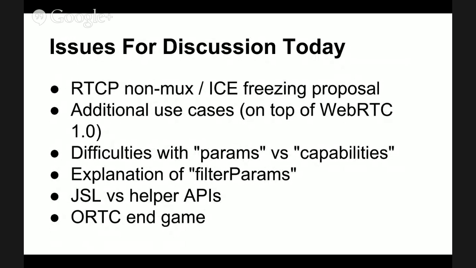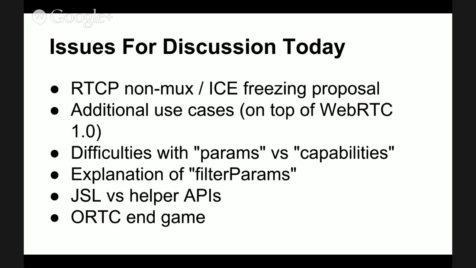That's more why we need to talk about filter params and create params than actually deciding whether this is the way we should do it or not. And then finally, the ORTC endgame: how do we wrap up a whole community group at the end when we're done.